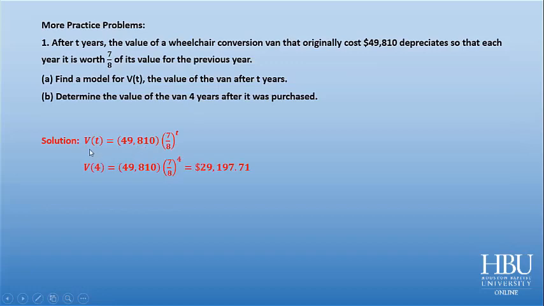So our model, V of T, is $49,810 times 7/8 raised to an exponent of T. If I want to know the value of the van after 4 years, it's $49,810 times 7/8 to the fourth power. If you use your calculator and round to the nearest cent, you find the value of the van after 4 years is only $29,197.71. It has depreciated as it's gotten older.